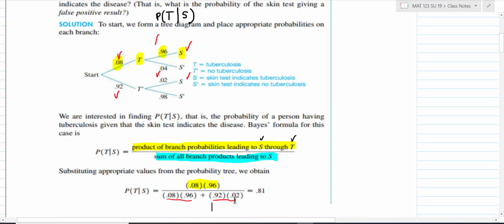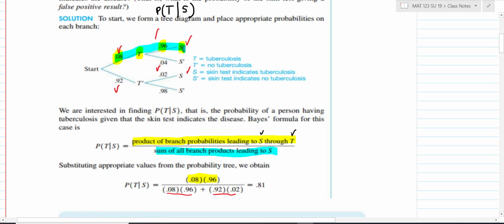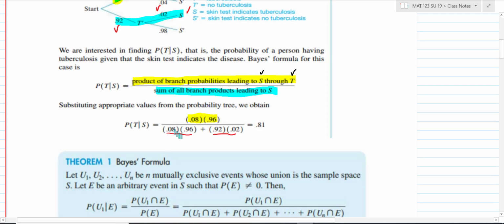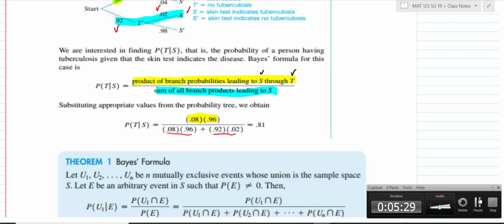And that's all the possible ways to get to S. Those are the two possibilities: the way that leads to S through T, and the way that leads to S through T prime. You work this out on a calculator, and you would get 0.81.